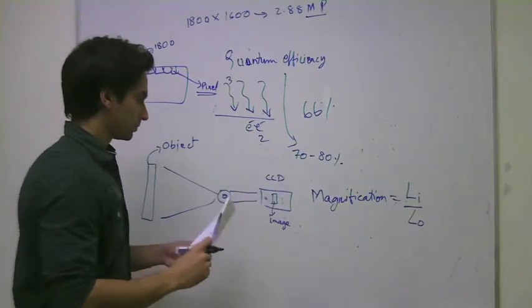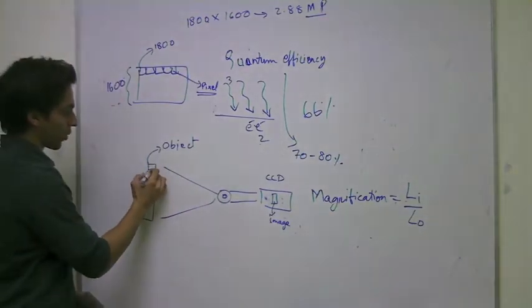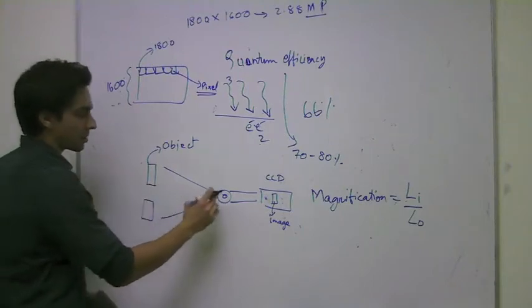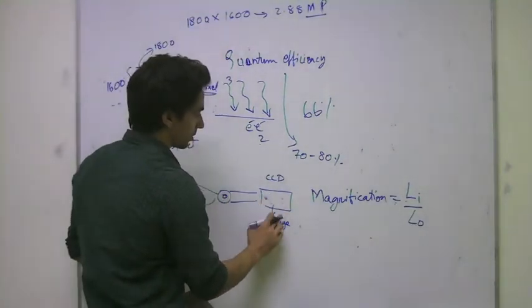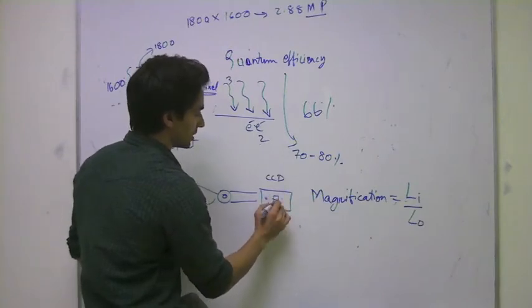Okay. Now, let's say we have 2 objects here, and the image over here is placed on the CCD, okay.